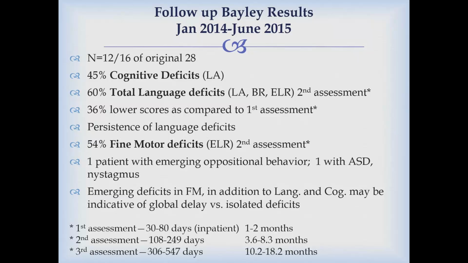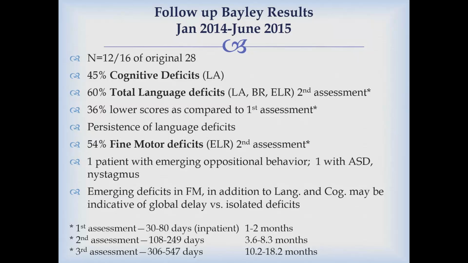Of the 12 that they've been following up, both in their second assessment, which was anywhere from 3.6 to 8.3 months of age, or their third assessment, anywhere from 10 to 18 and a half months of age, they were still finding significant deficits in the area of cognition in the low average realm, 45%, 60% having issues in the total language deficits, 36% had lower scores as compared to their first assessment, so that was a trend we weren't expecting to see.